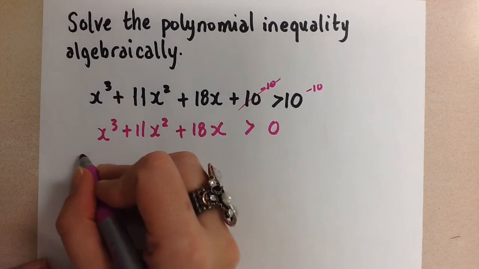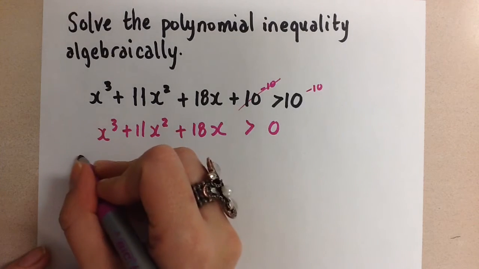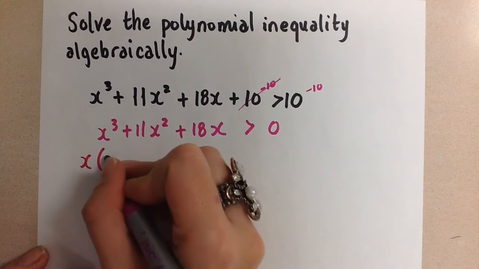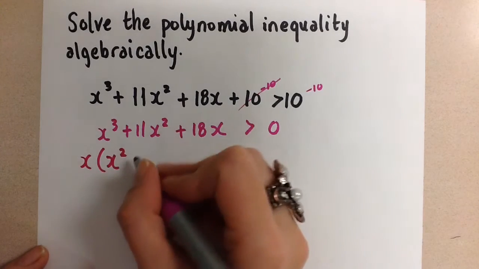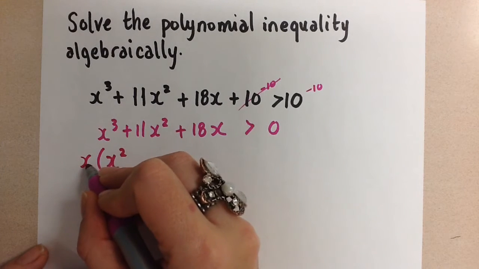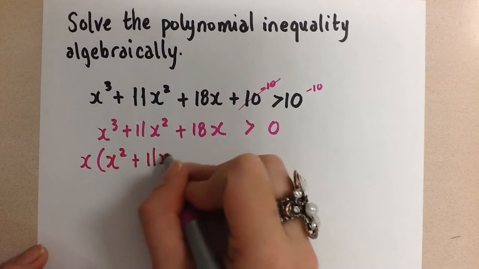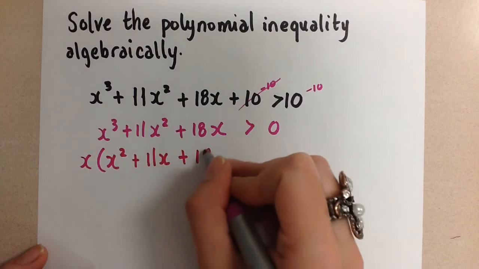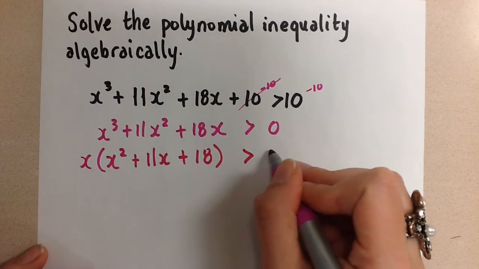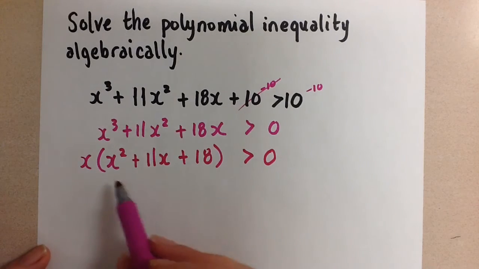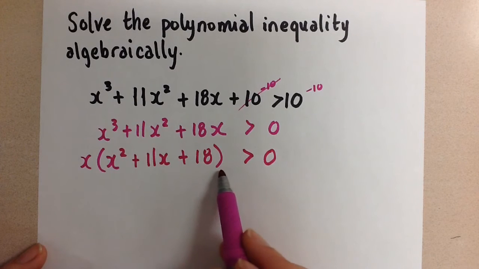I'm not going to need to use long division of polynomials for this particular question, but for some of them you will have to. When I take out that x, I am left with x squared plus 11x plus 18 is greater than 0. We now have this quadratic in the brackets.